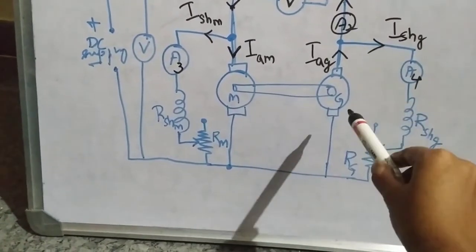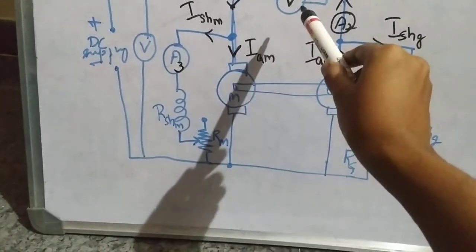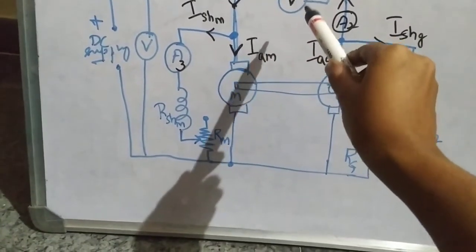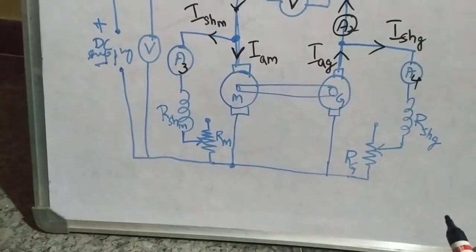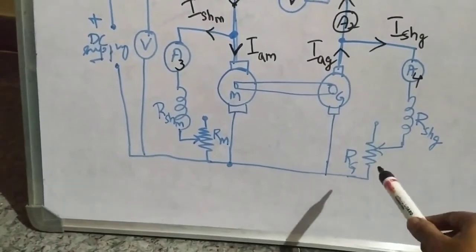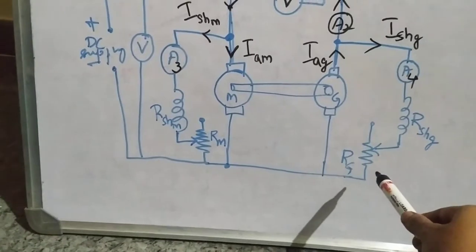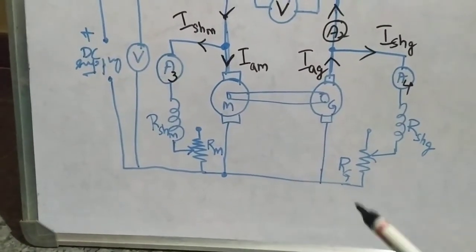During that time the voltage across this switch should read 0. That can be adjusted by using this rheostat, that is RG.